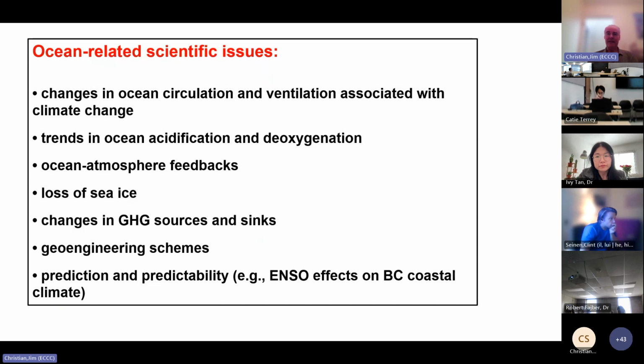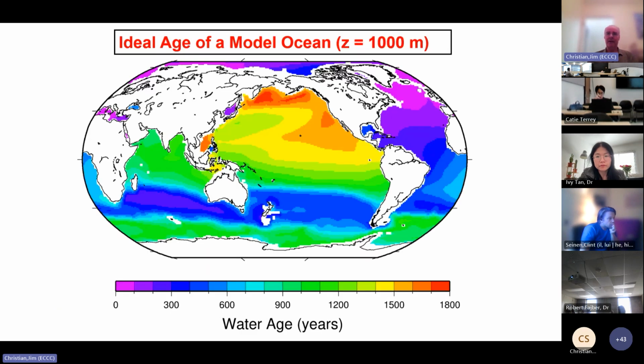This is just an example of the ocean model output. This is ideal age, which is something you can't really measure in the real world, but in a model it's easy to calculate. This is the age of the water since last contact with the atmosphere, in this case at a depth of 1,000 meters.